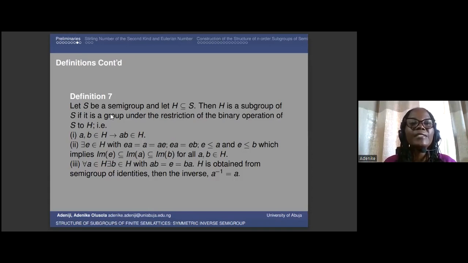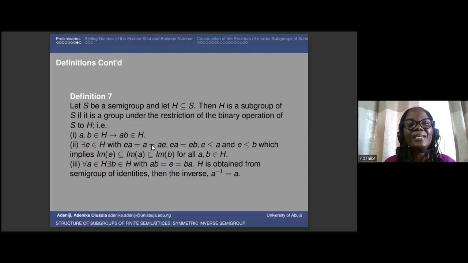So if we let S be a semigroup and H is a subset of S, then H is a subgroup if it is a group under restriction of the binary operation, with the following properties satisfied. So it is closed. That is, if we have these two elements in H, the binary operation is such that it is closed in H. And then the identity in H is defined in this form.